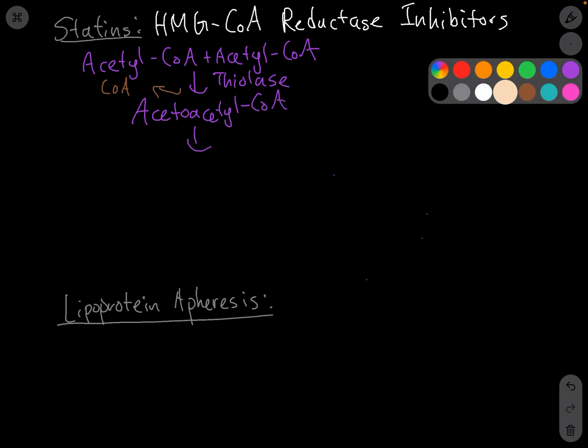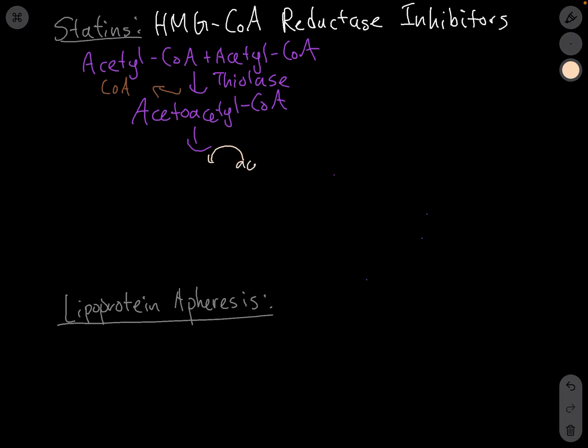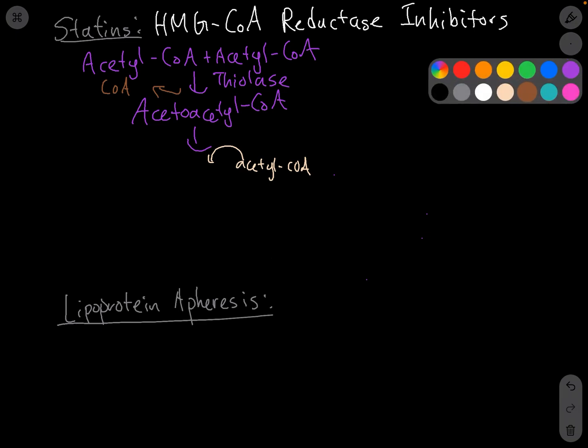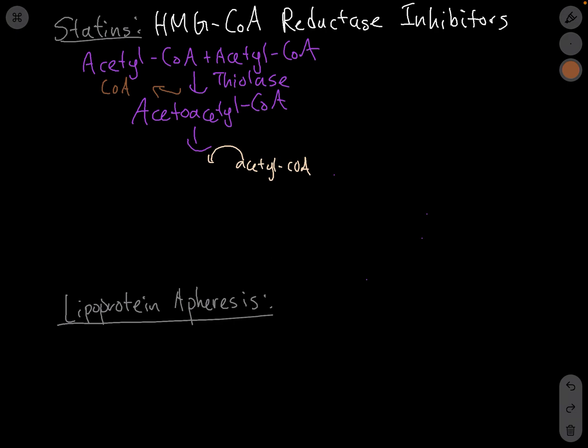And another acetyl CoA is combined in this process with another enzyme known as HMG CoA synthase. According to the name, synth means to combine. So this is going to combine with another acetyl CoA to form HMG CoA.